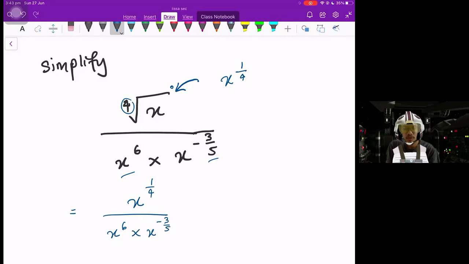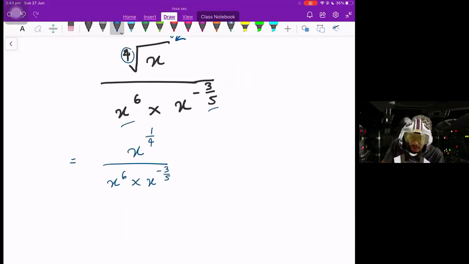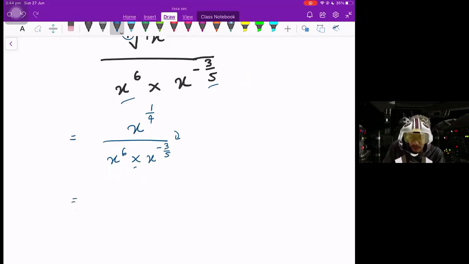So now we have a division, then we have a multiplication here. Because we have the same base, we can just add those two powers together.